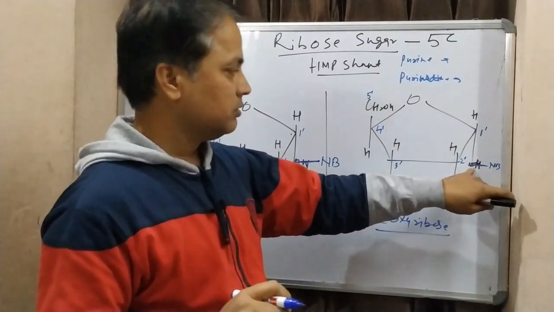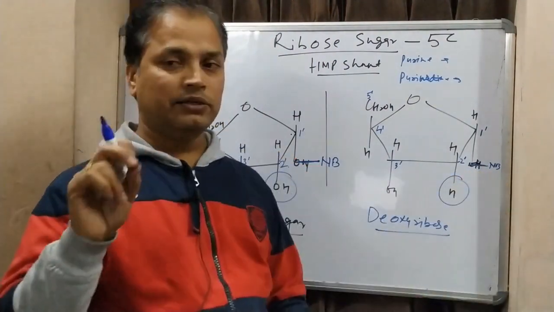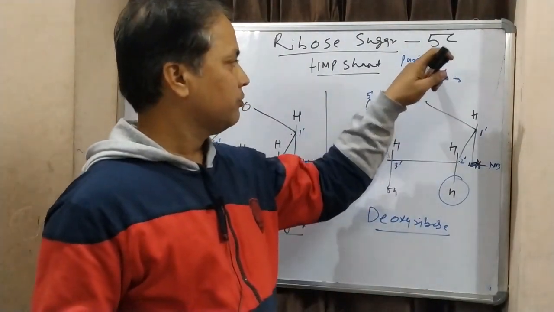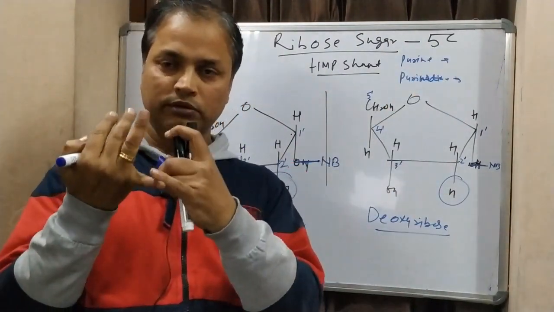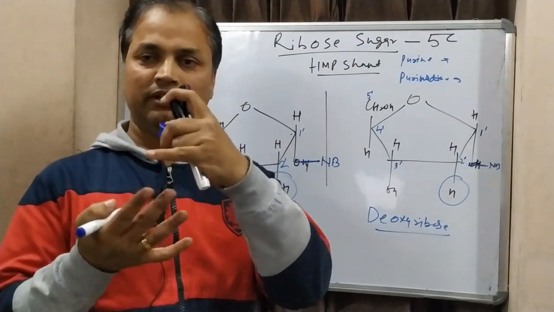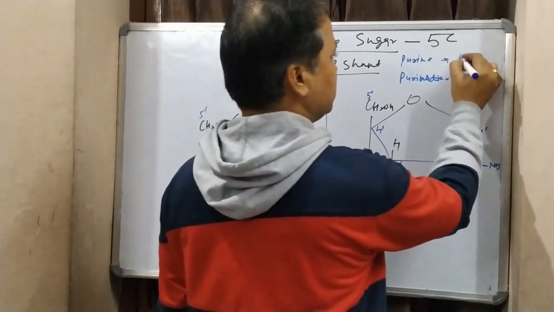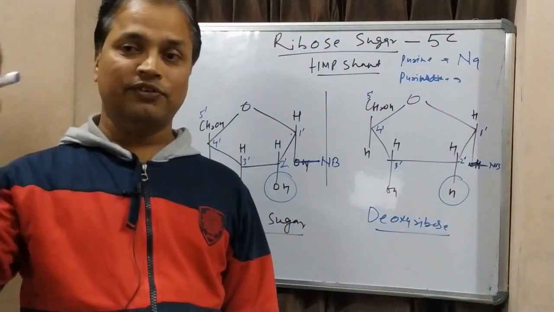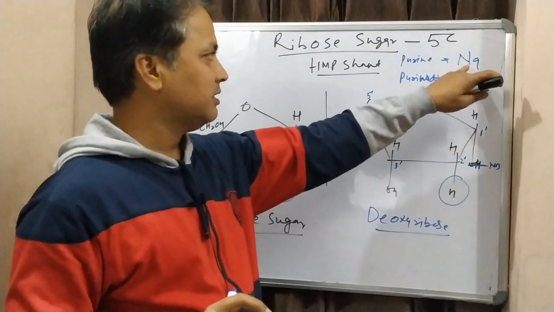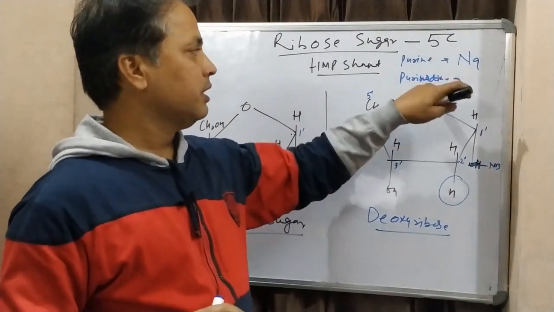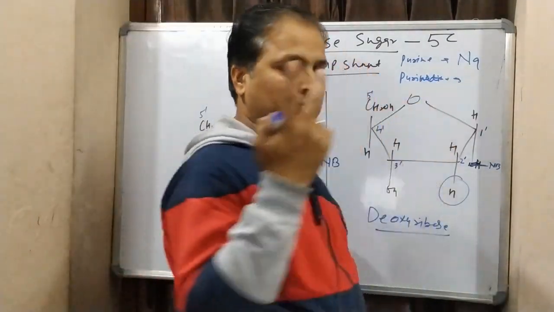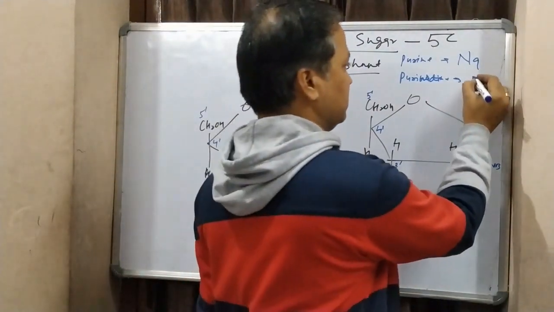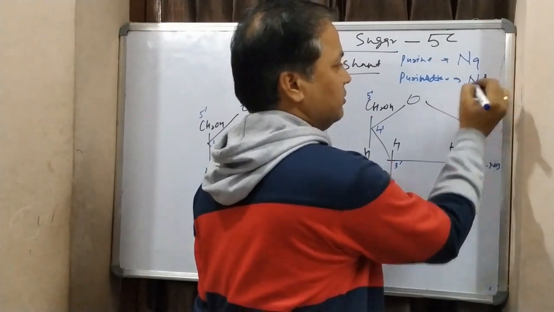This first OH will bond with the nitrogen of the nitrogenous base. Which nitrogen will bond? In purine we have four nitrogens at places 1, 3, 7 and 9. In purine it is the nitrogen at number 9, meaning in the 5-membered ring, the 9th nitrogen forms the bond. In pyrimidine there are only two nitrogens, at place 1 and place 3. So this is nitrogen 1.